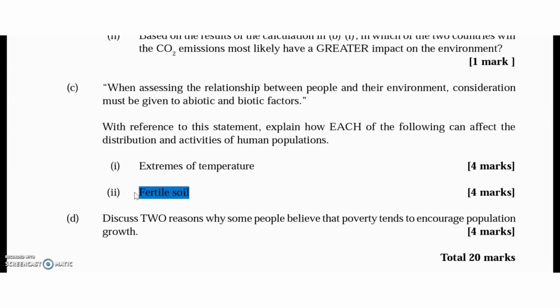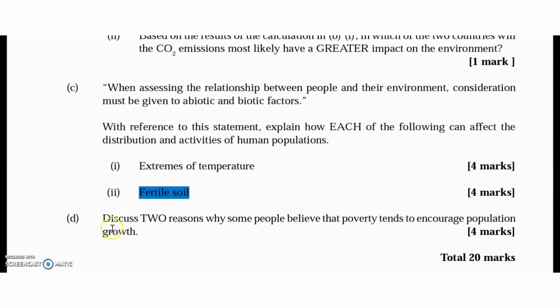People tend to be deterred from conditions as such. So fertile conditions often attract populations, and the activities are significantly agronomic. Whereas infertile or useless environments are in fact associated with low population distribution as well.